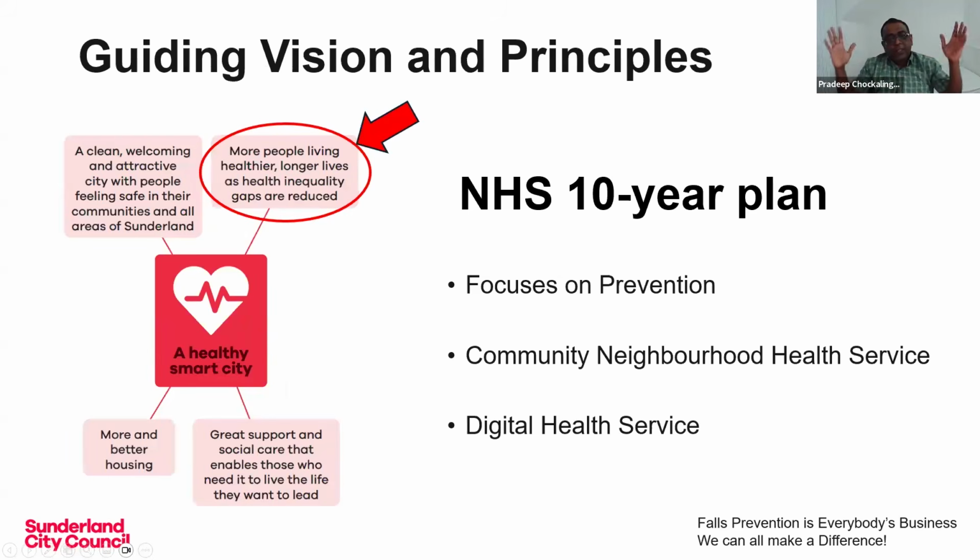So from a wider vision point of view, our Sunderland City Council delivered a city plan 2020-2030, and the wider vision is an internationally well-connected city with opportunities for everyone and no one left behind. In that, there are three principles. One is a smart, well-connected city.